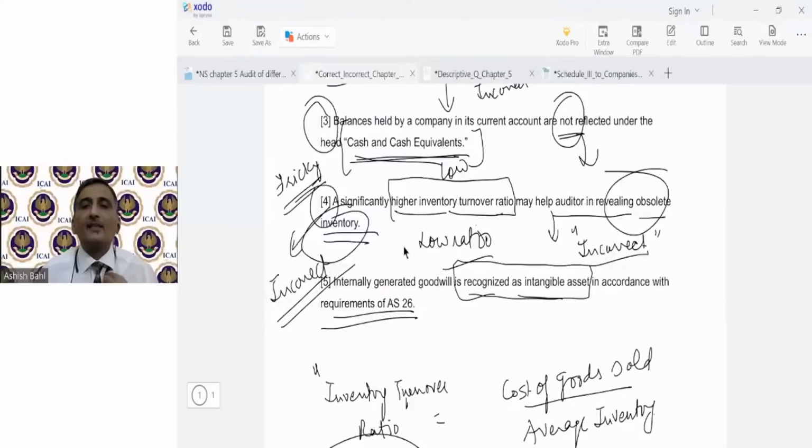This you have studied in the requirements of AS 26, and we have also studied this in this module. Himanshu, you are saying in 4 we have to order more stocks. Yes, it means that stocks are being consumed at a fast pace. Stocks are selling like hotcakes. So, in consequence, we will be ordering more stock.